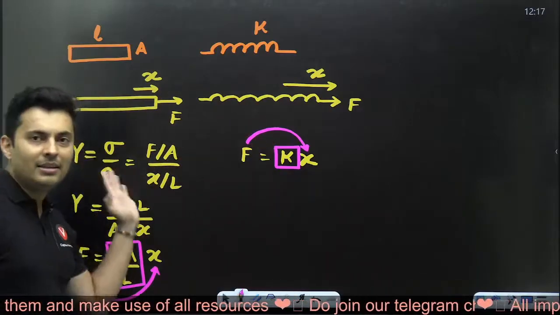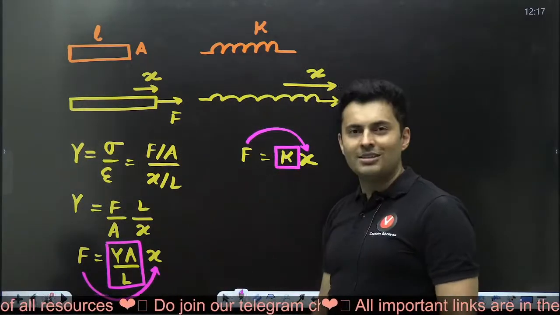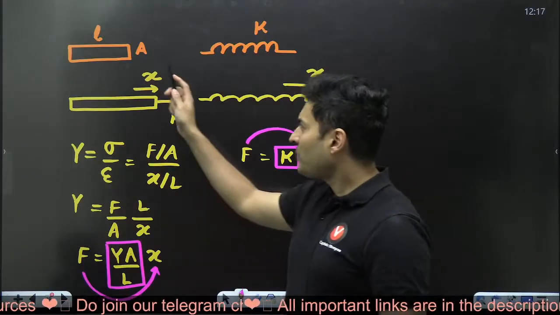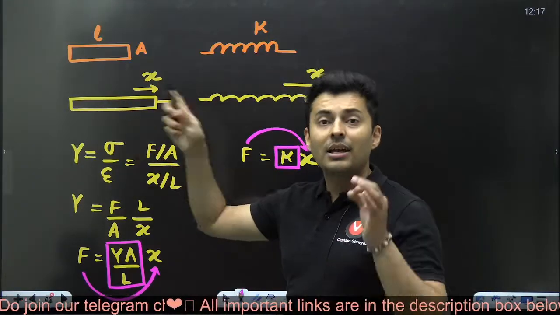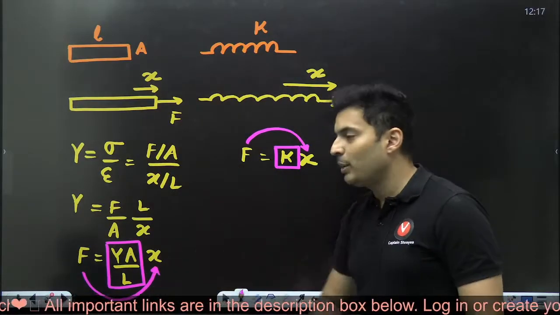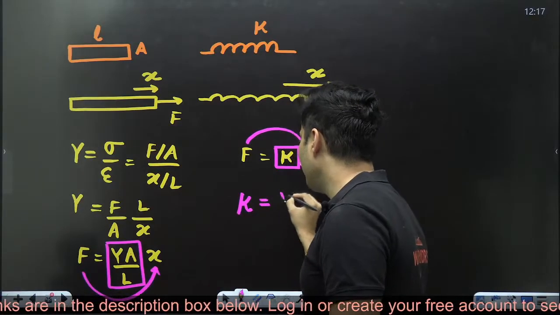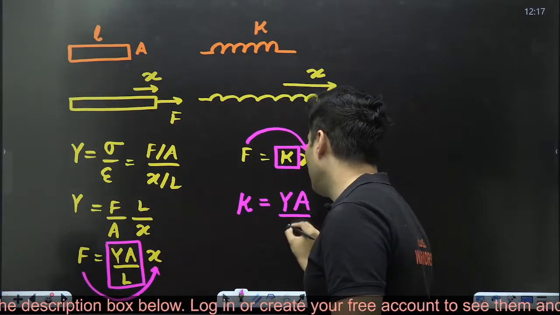Aren't these two formulas very similar, just that the constants have changed? So can I not say a rod which is elastic can be treated like a spring of constant YA by L? So K will be YA divided by L.